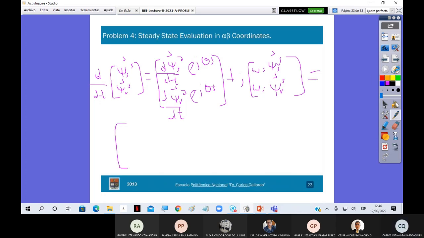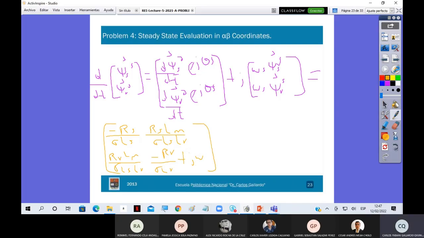And equation number 2 is equal to this matrix: stator resistance over stator inductance, stator resistance, magnetizing inductance over the stator inductance, the rotor inductance; the rotor resistance times the magnetizing inductance over the stator inductance, the rotor inductance, minus the rotor resistance over the leakage coefficient times the rotor inductance, plus... times the stator flux space vector, rotor flux space vector.